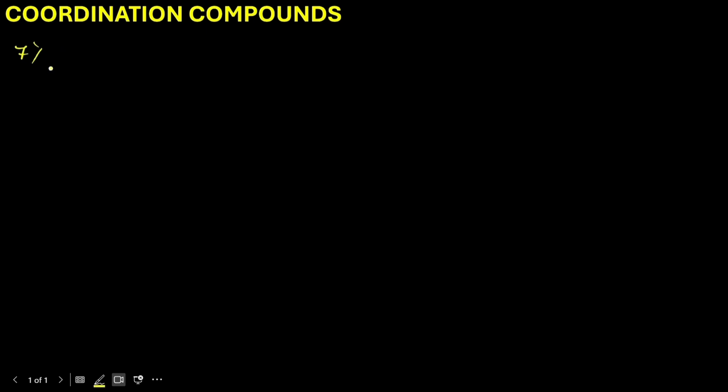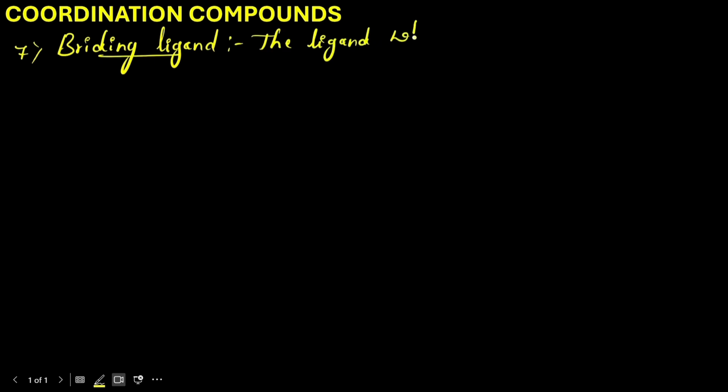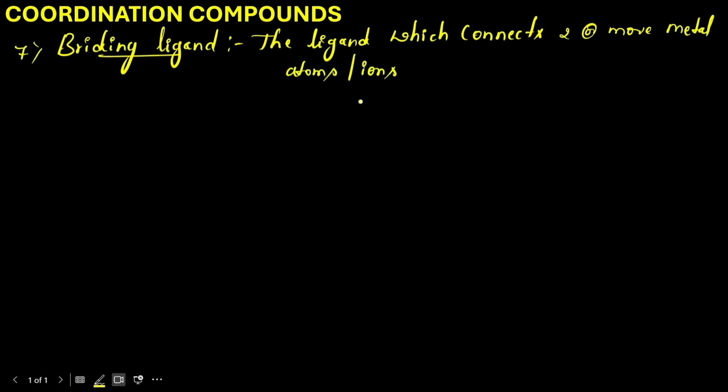Next, we will go to bridging ligand. The ligand which connects two or more metal atoms or ions. Here the bridging ligand can be denoted by the symbol mu.